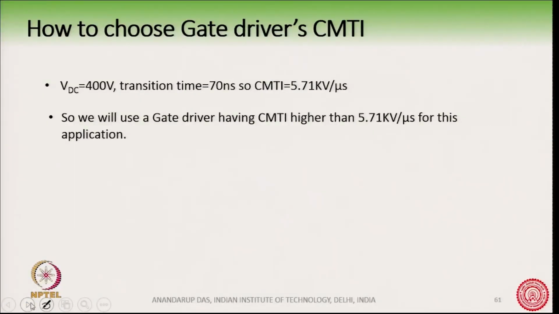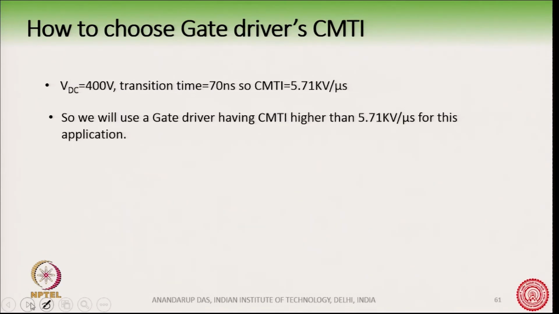So, let us take an example. If VDC is 400 volt and the transition time is about 70 nanosecond, then CMTI is 400 volt divided by 70 nanoseconds, so 5.71 kV per microsecond.